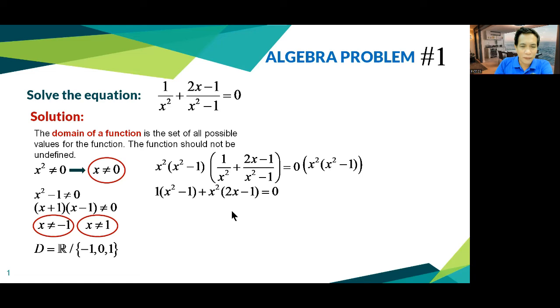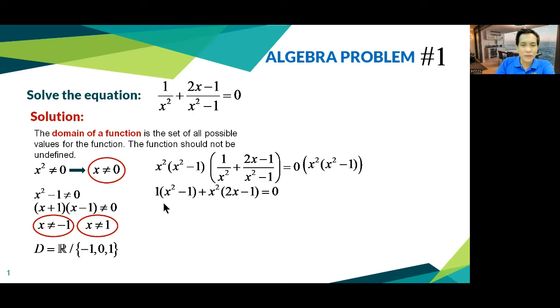So we have 1 times x squared minus 1 plus, you cancel x squared minus 1, then we have x squared times 2x minus 1. So we have this 0.